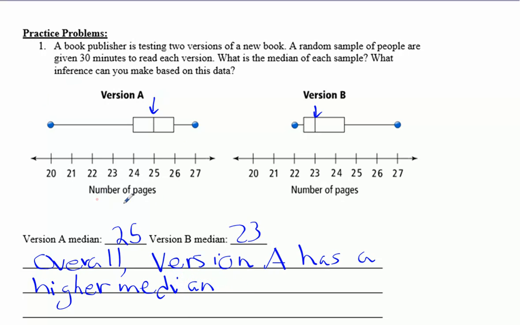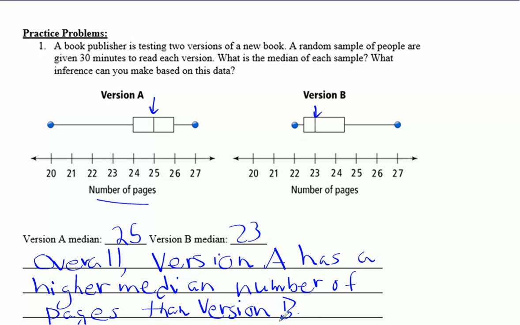We're talking here about pages. Higher median number of pages than version B, sorry. There we go. So again, overall, we're making a statement. Overall, this one is higher than this one. There we go. All right.